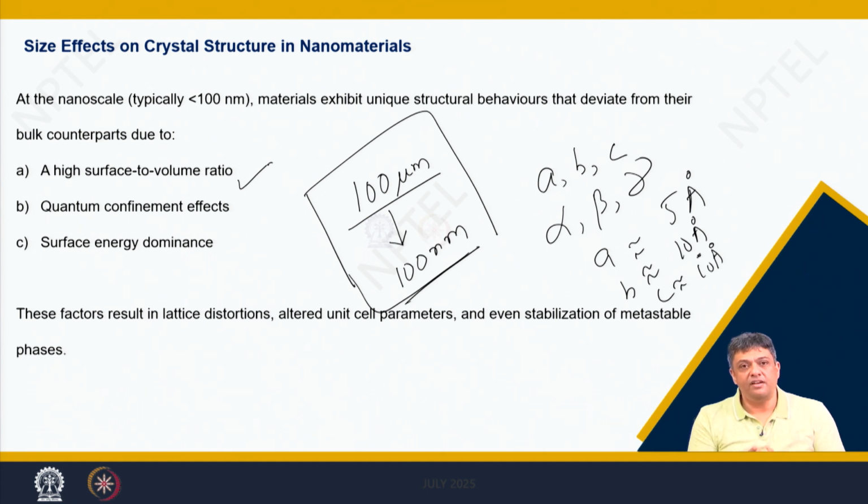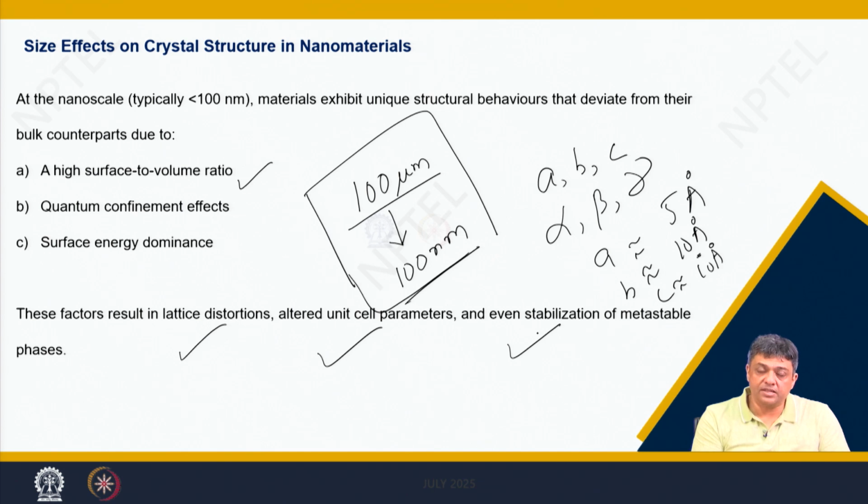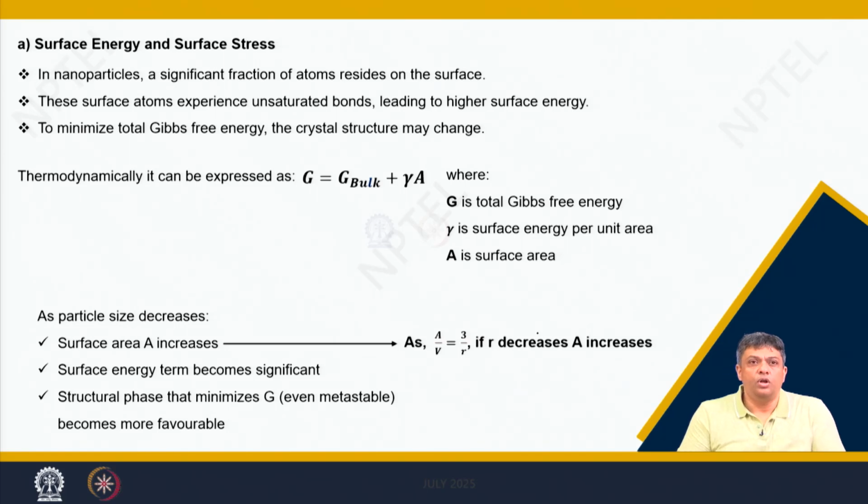Because of these factors, you may get lattice distortions, altered unit cell parameters, or even stabilizations of metastable phases or a new crystal structure altogether. Let us talk about surface energy and surface stress first.